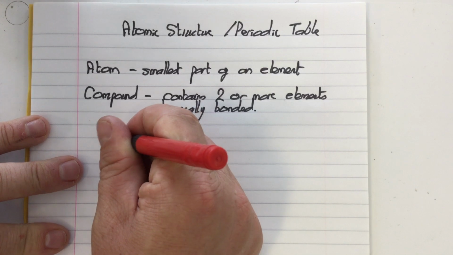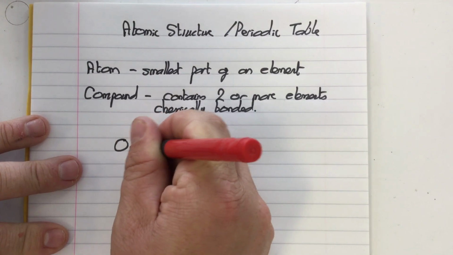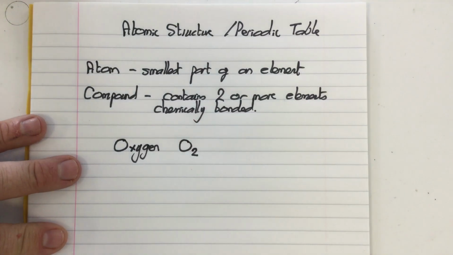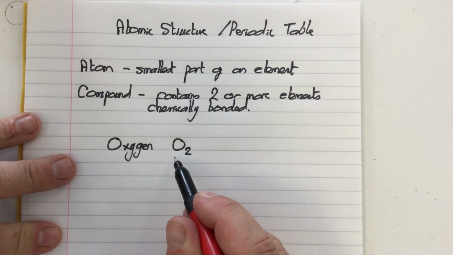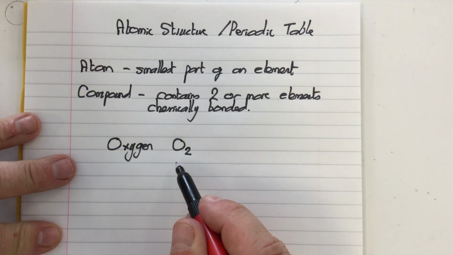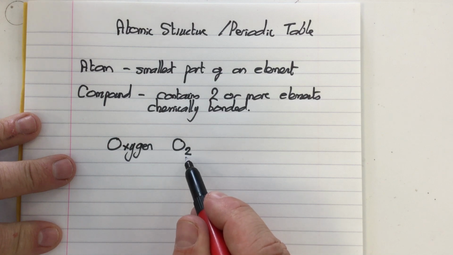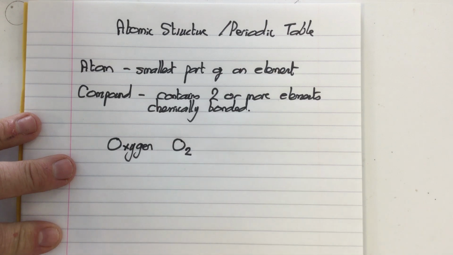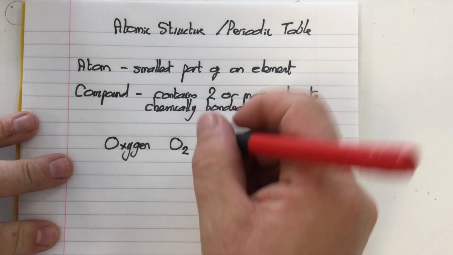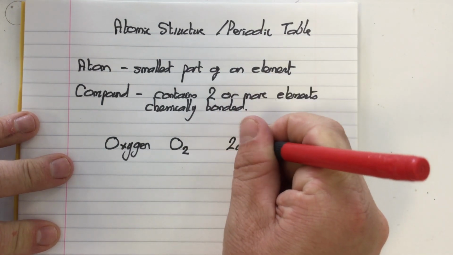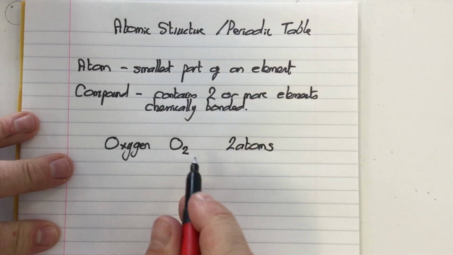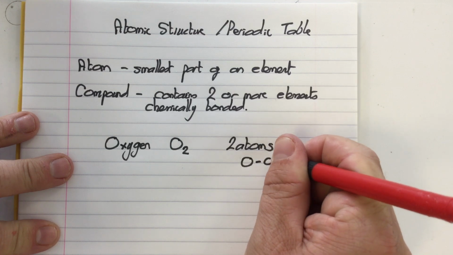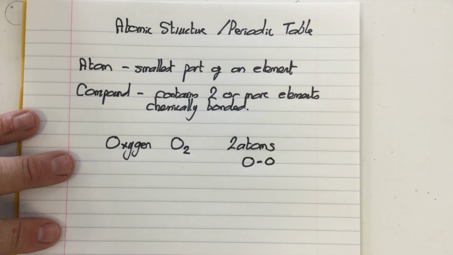So if we do a little bit of practice and I write oxygen, oxygen is written as O2. You need to know for your exams why it is O2, and that's because oxygen's a non-metal and it bonds covalently and it needs to share a pair of electrons, but for now O2, and that contains two atoms, because the small number tells you that you've got two oxygen atoms bonded together.